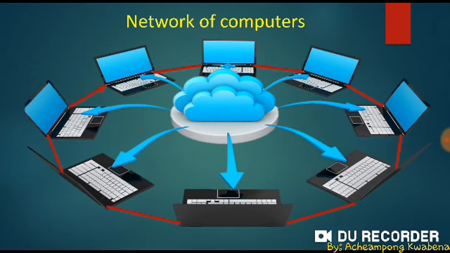Now we look at how networks are formed, or ways of connecting computers. We can connect computers using two major ways. The first one is by using wireless technology, and the second one is by the use of cable connection. First we'll look at what a wireless connection is.